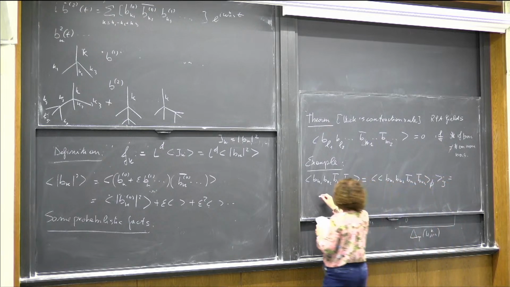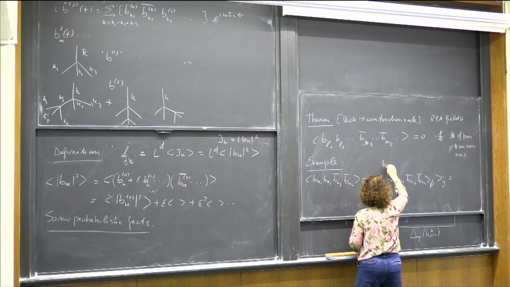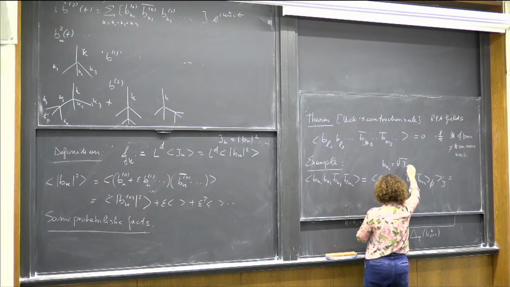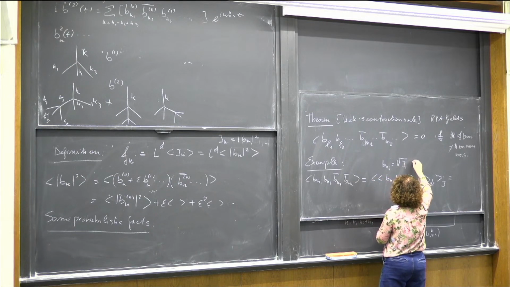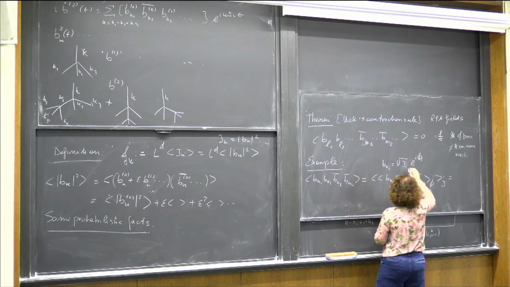And so each one of them, as I have written, has, remember, B_k, this is a square root, the way I indicated, J and then phi. That's how I wrote them.